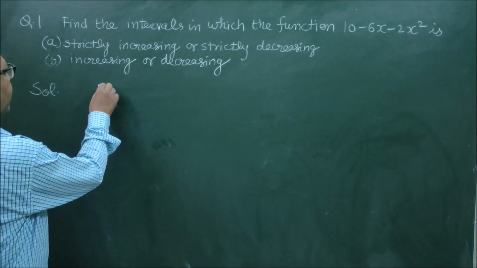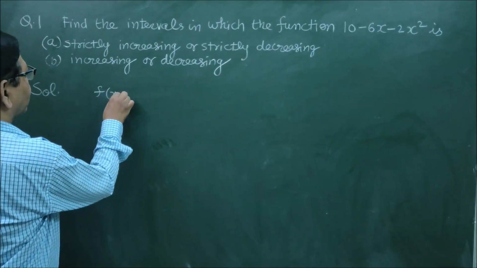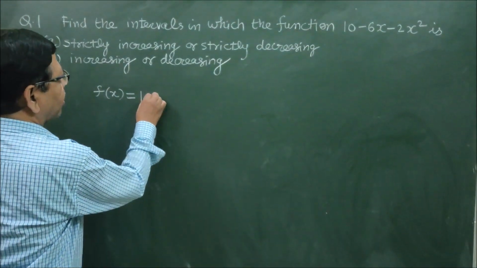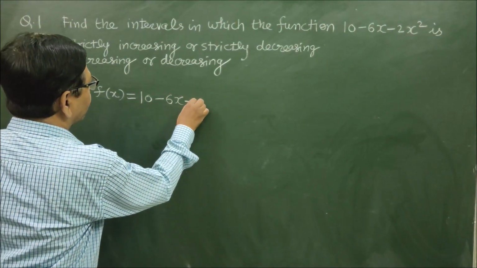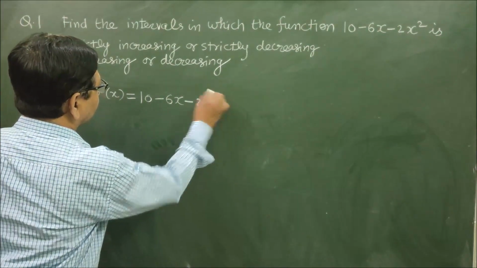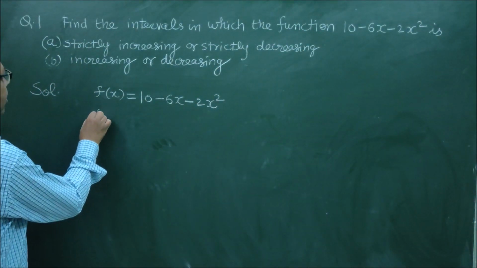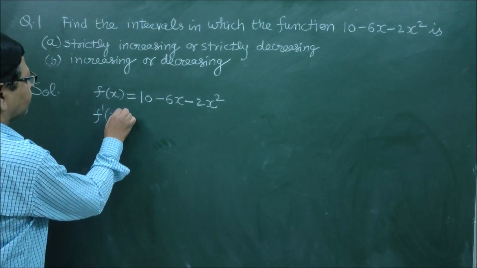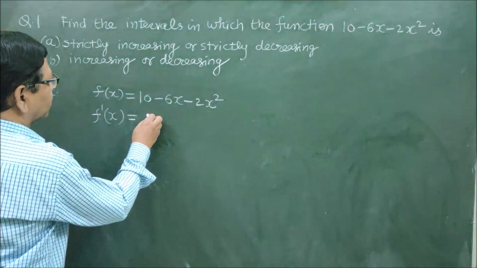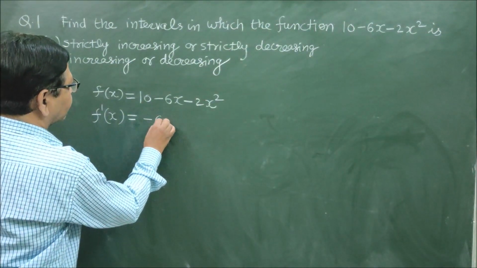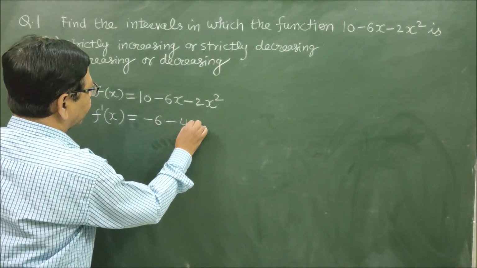So the given function is f(x) = tan⁻¹x - 6x - 2x². Now first let us find the derivative of this function. f'(x) = -6 - 4x.